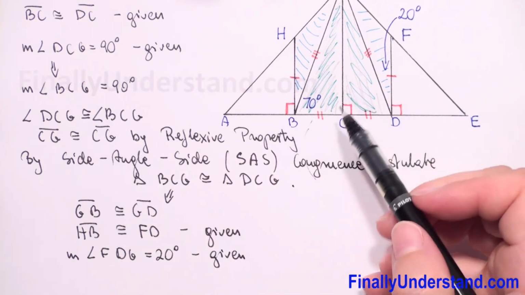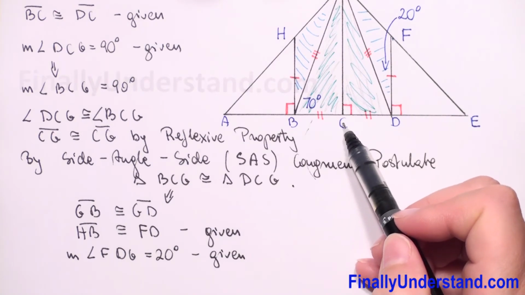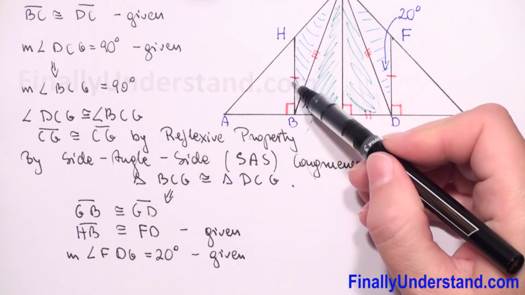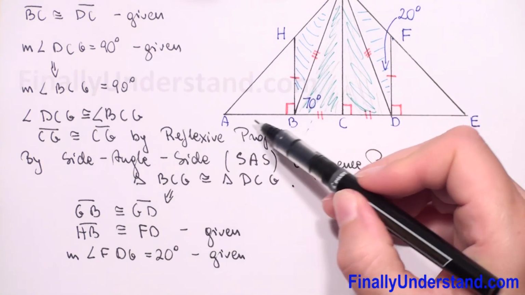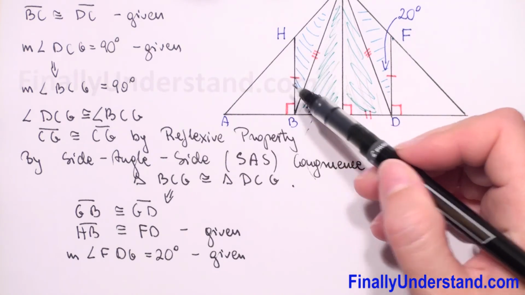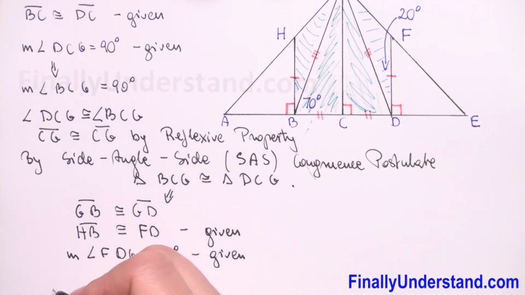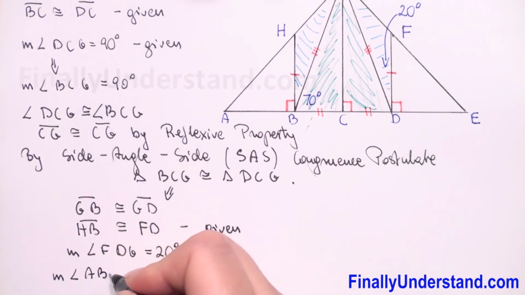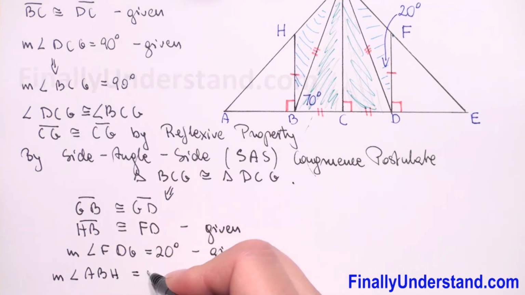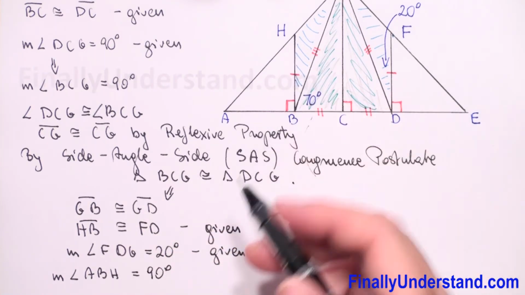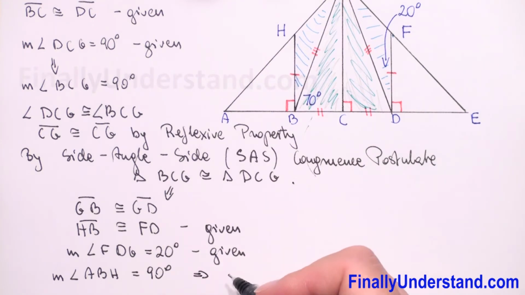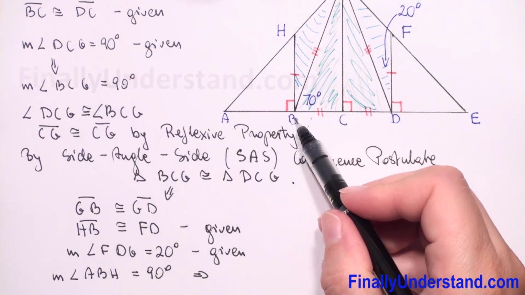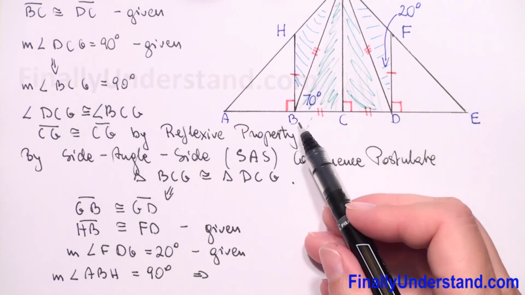What else are we given? We are given that the measure of angle CBG is 70 degrees. And because we have a right angle here, angle ABH is a right angle, so we can write that the measure of angle ABH is 90 degrees. Because ABH has 90 degrees, it means that angle CBH is a right angle too.